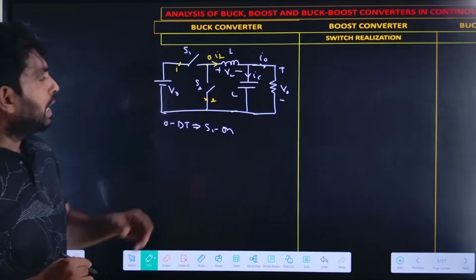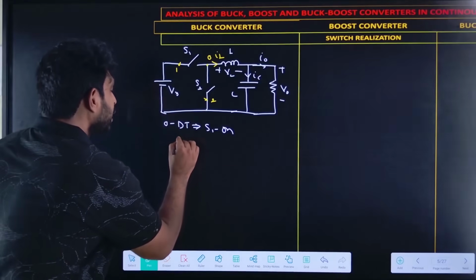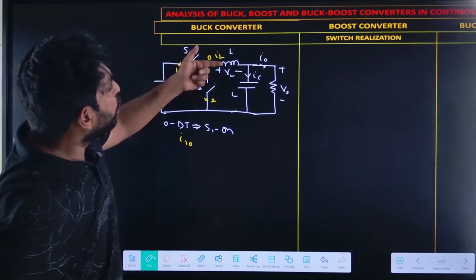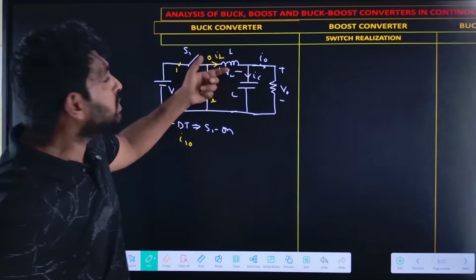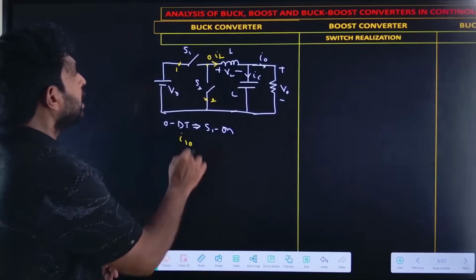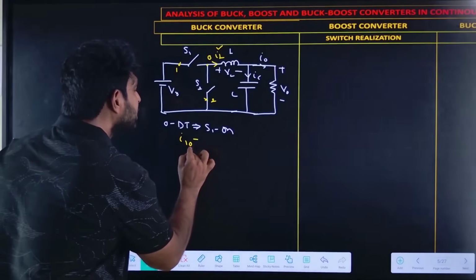Now, let me find the I10 polarity. I10 is in the direction of IL, because the current direction in the inductance does not change suddenly. So if I take the current direction of IL as a reference, I10 is also positive.